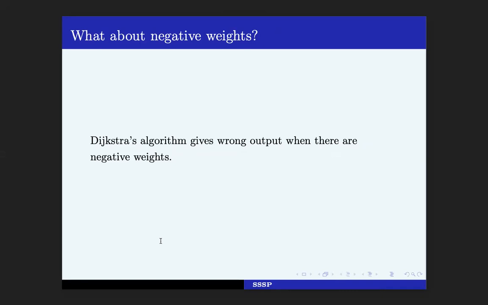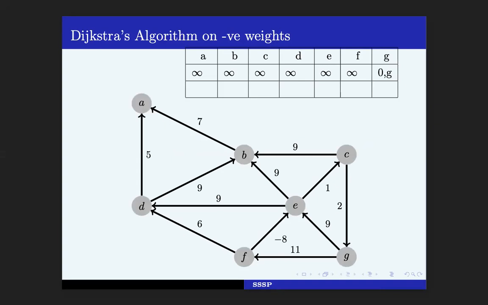A quick way to see this is that I have used the same graph from last time, but this edge over here, it was +8. I have just made the edge weight -8. And you can see that the algorithm will go exactly as before, but already in this state it has been declared that the shortest path from G to E is 9.